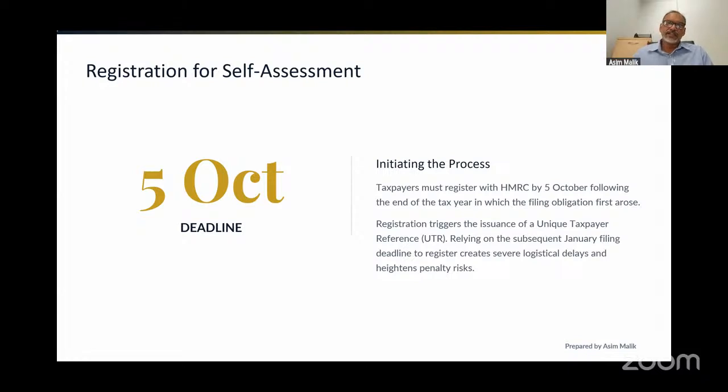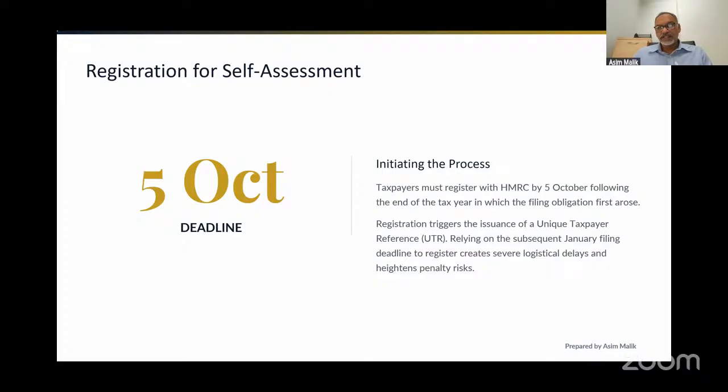So for a tax return, there's something called a unique tax reference number, which is the UTR. Once you inform HMRC of a reason to file a tax return, they will create a record for you and issue you a UTR number.